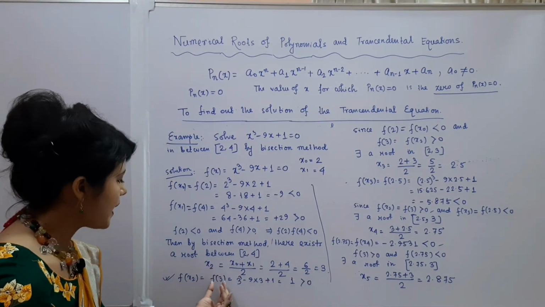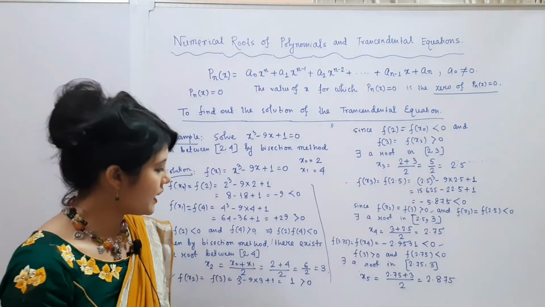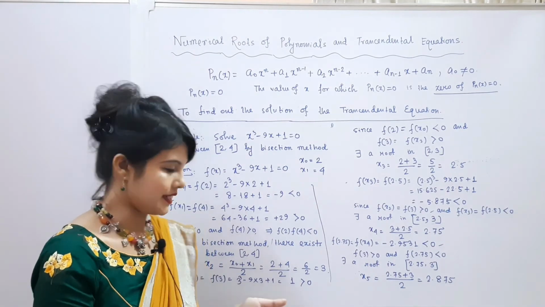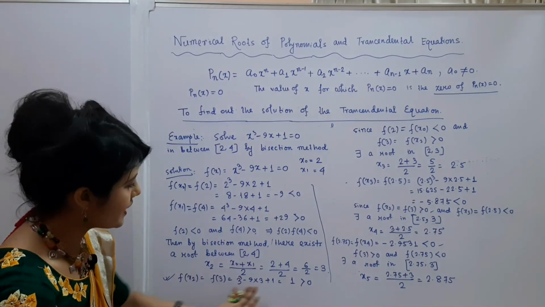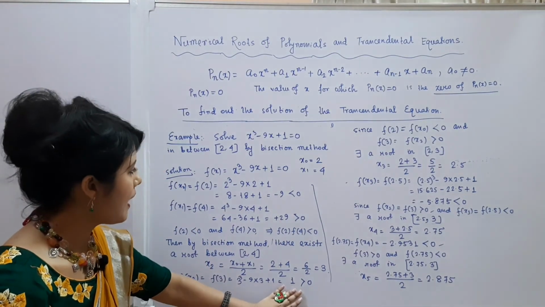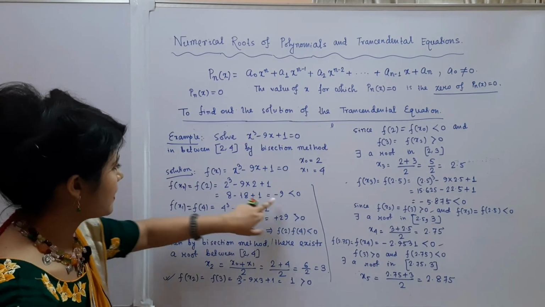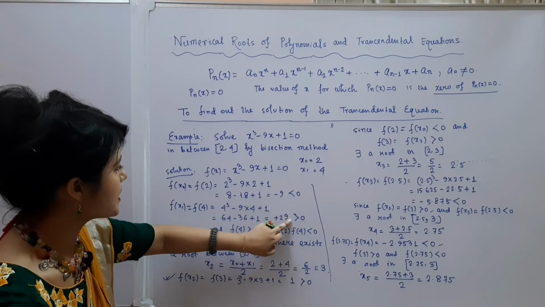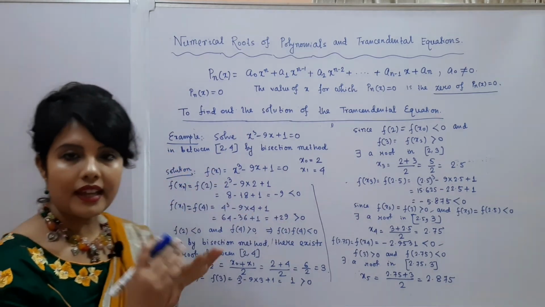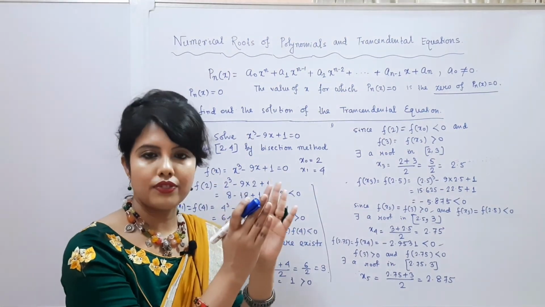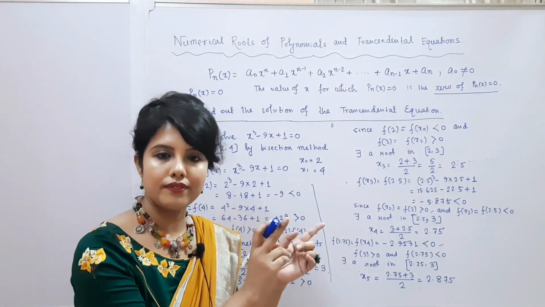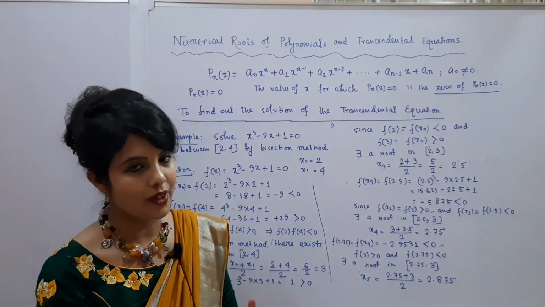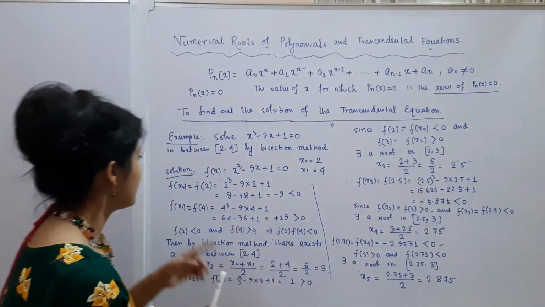Now I am taking f of 3. Each time I am narrowing the interval by bisecting it. f of 3 is again positive. For the existence of the root, at one corner point the function should be positive and at the other corner point negative.